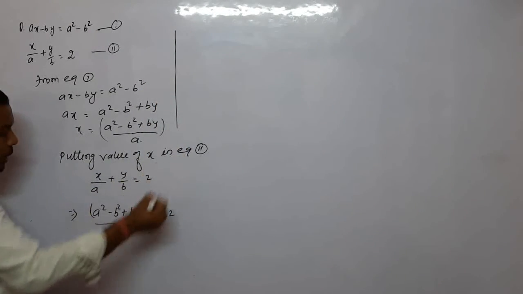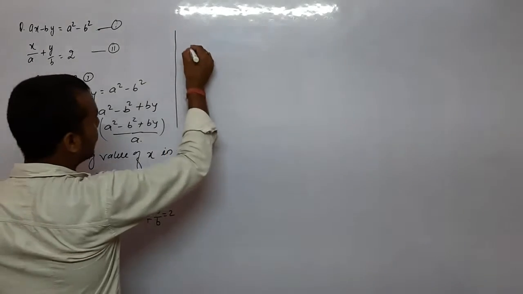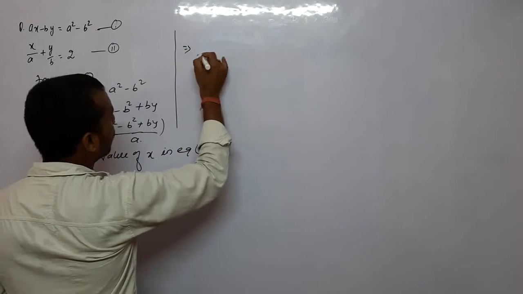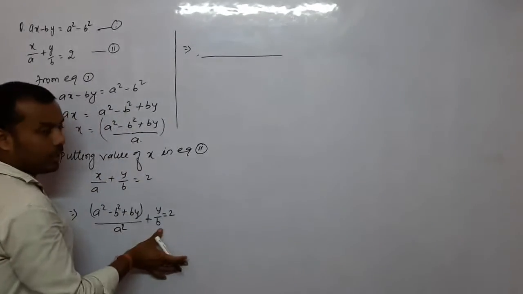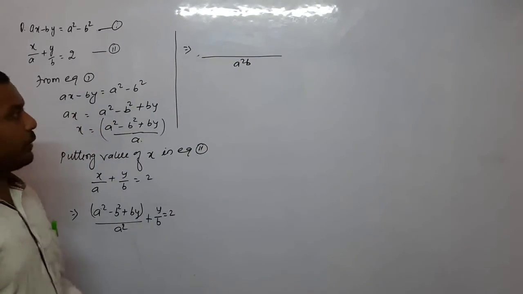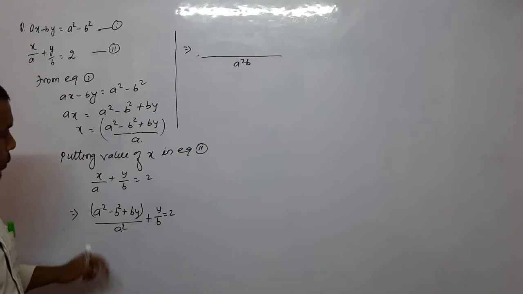Okay. Now see, student, what we will do, we will take the LCM. When you take the LCM of a square and b, you will get a square b. A square gets divided with a square, you are left with b, and b will get multiplied to this term.